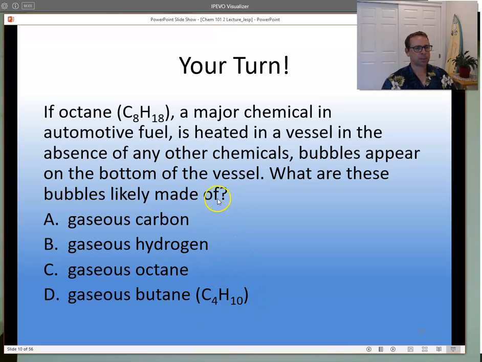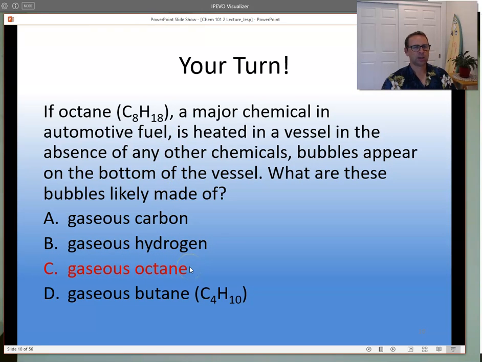Okay, right. It would be D, gaseous butane? Wait, is the whole thing butane? The whole thing, C8H18, is octane. Oh, it's octane. Okay, so gaseous octane. That's right, C.